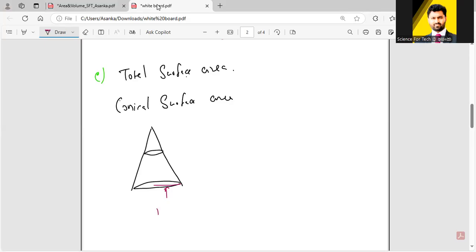Here is 1.5 meters. Here is 2 meters. Here it is 4 meters. And this is 1 meter. The formula we use to find the surface area is pi r L, where L means the slanted height.